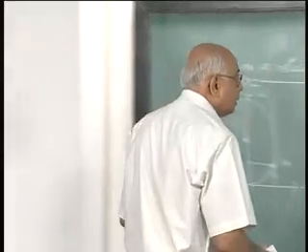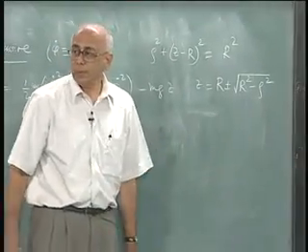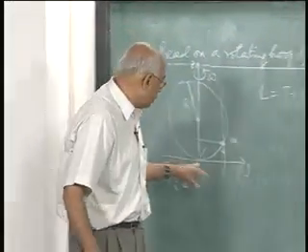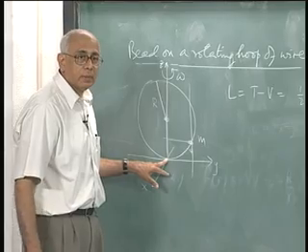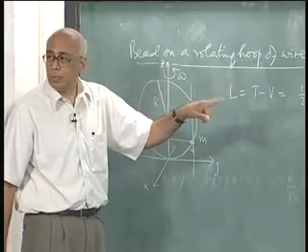I should choose the minus. I should be very careful to choose the minus. You sure the minus is what I should choose? Because if rho is 0, I better have z equal to 0, which corresponds to this point, otherwise it would go there. So I should choose the minus sign.